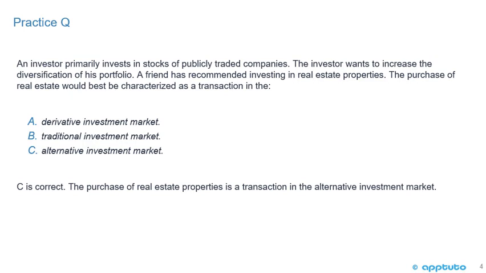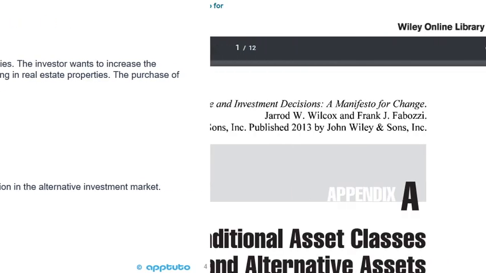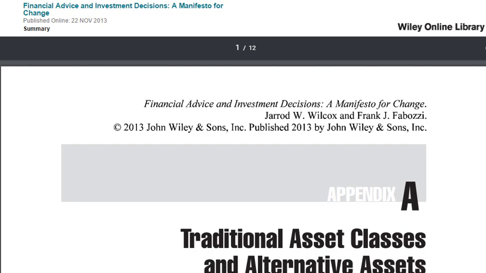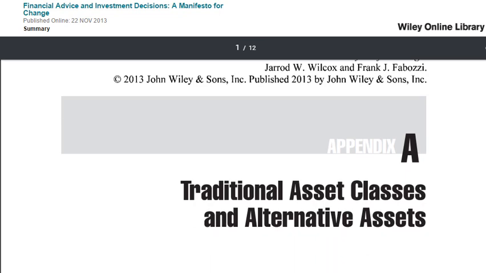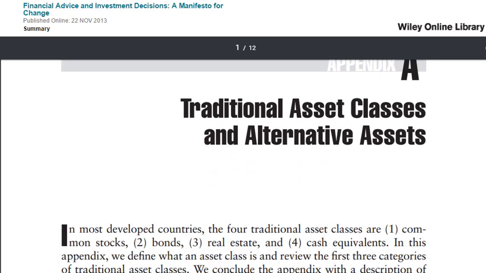And with that, that's the last slide for this LOS. Yeah, I just wanted to prove my point on that. So I just Google searched real estate as a traditional asset class, and one of the first things that came up, here's a fairly recent publication, and you can see Frank Fabozzi has written lots of stuff for the CFA in the past on fixed income, and this is Financial Advice and Investment Decisions, Jared Wilcox and Frank Fabozzi, 2013, published by Wiley, and it says here the topic of this chapter is traditional asset classes and alternative asset classes.